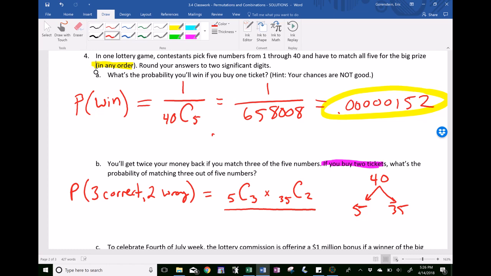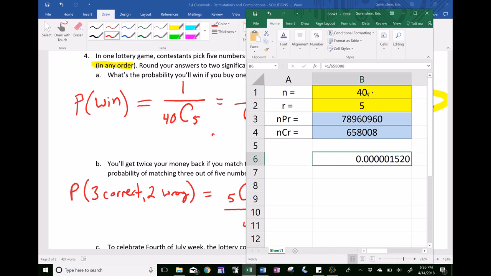So how many ways can we pick the 3 correct numbers out of the 5? How many ways can we pick the 2 incorrect numbers out of the other 35? And divide that by total number of tickets, which we got in part A. That's the 40 combination 5. So let's see what we got. Okay, so we need 5 combination 3.